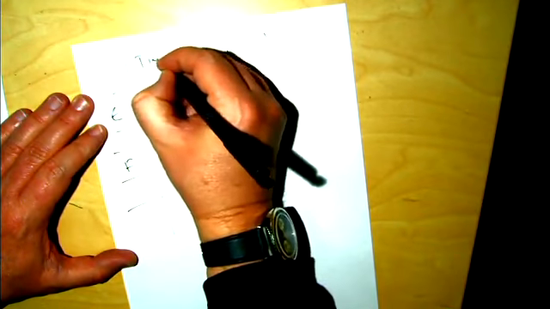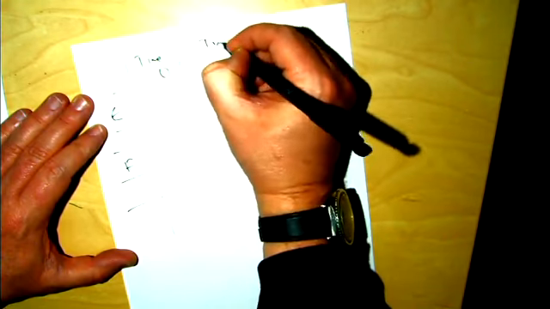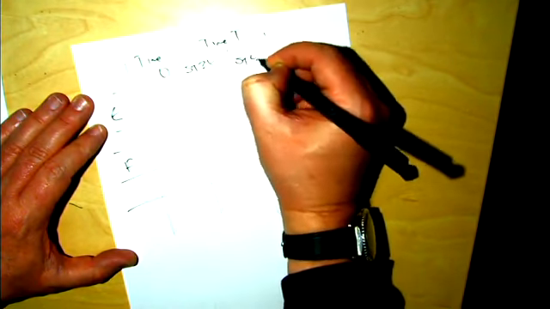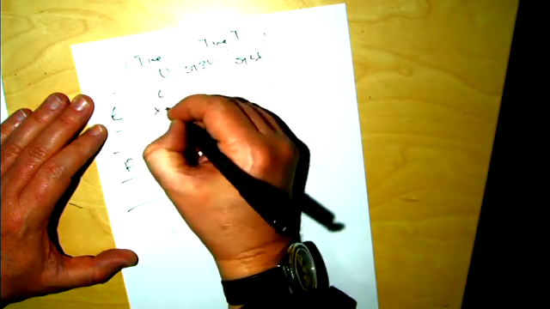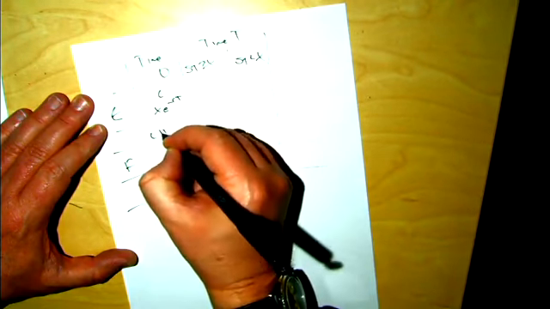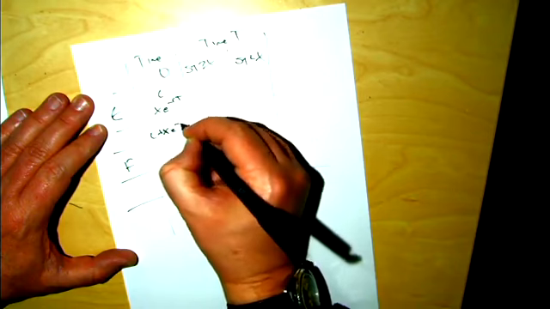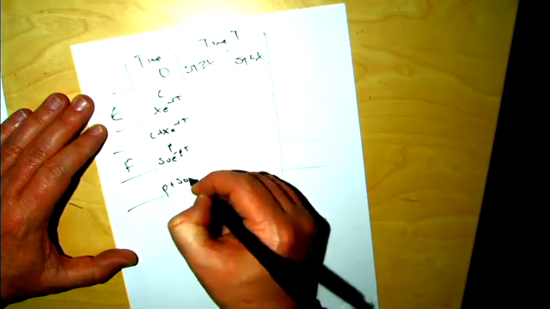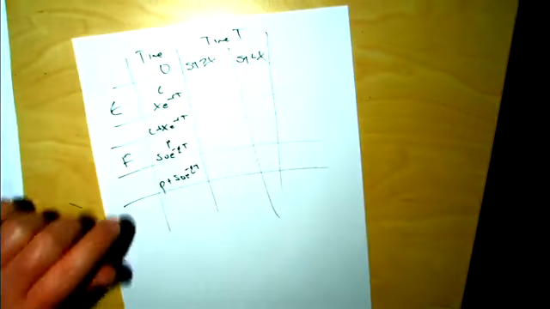Portfolio E, portfolio F, time 0, time T. P plus S0 e to the power of negative QT.